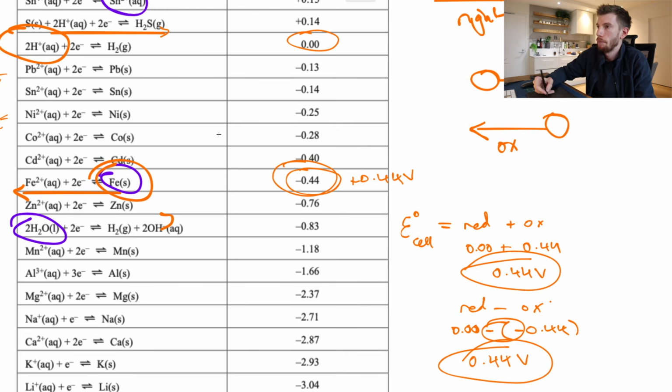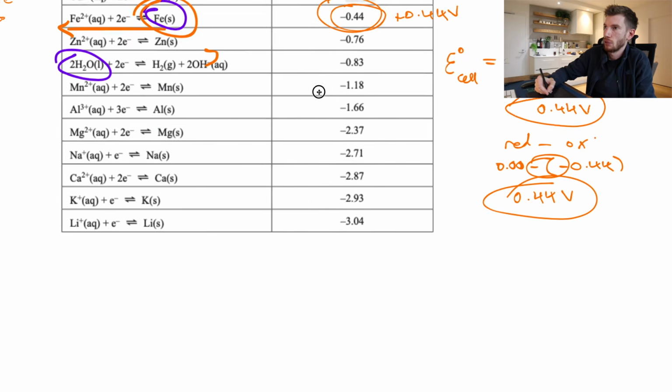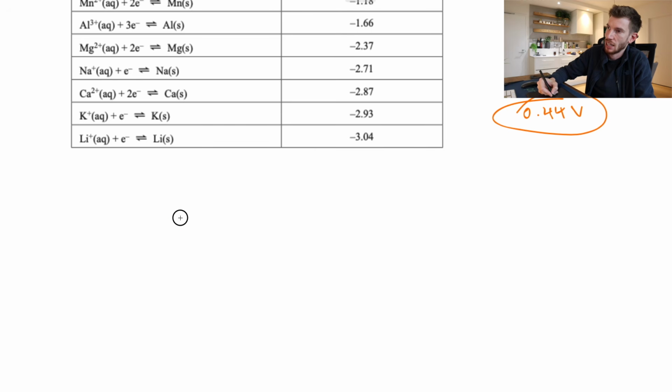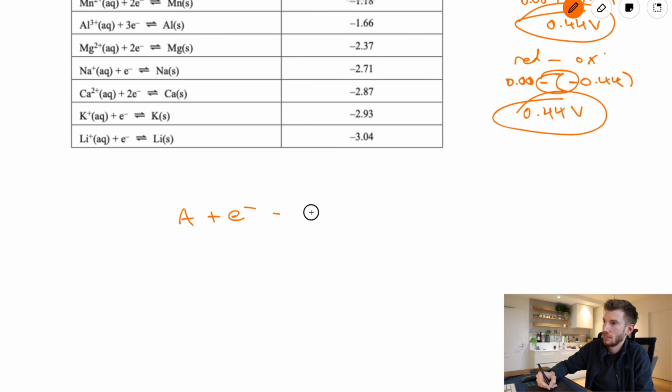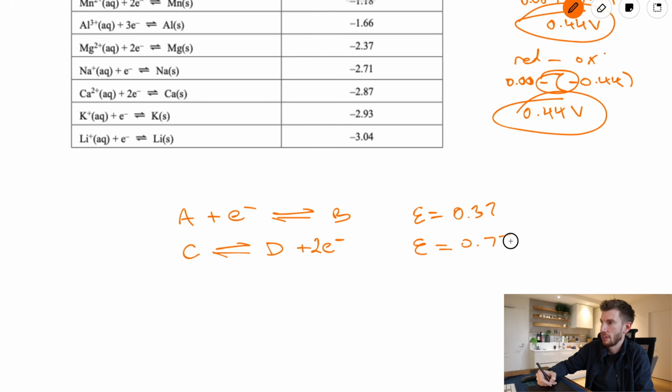For example, always check where the electrons are, because they might have given you an electrochemical series and they might say A plus this into B, and then the next one might say C plus this is into D plus 2 electrons or something, and then they'll give you voltages. They'll say this one's 0.37 and this one here is 0.77, and then you've got to look at them and go, well, that one's reduction, that one's oxidation, right?